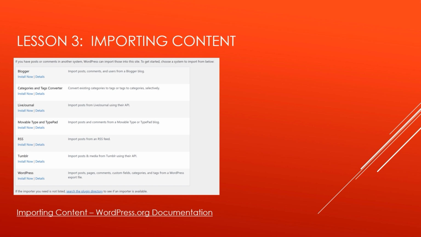You can import from an RSS feed, from Tumblr using their API, and also WordPress. If the importer you need is not listed, and it says that at the very bottom of that screen, you can search for a plugin to see if an importer is available. But these are the ones that come with WordPress core. And at the bottom of this slide, I have a link to WordPress documentation on importing content.